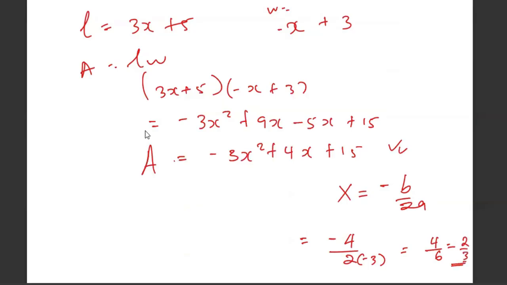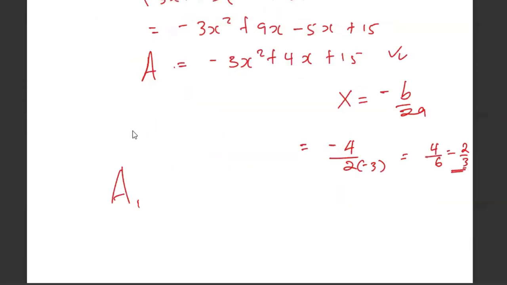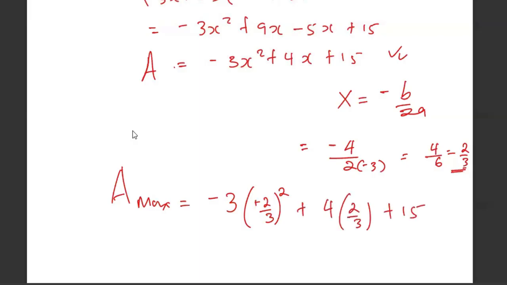So where x is 2 over 3, that's where we get our maximum. So we're going to say that area maximum can be obtained when we substitute x with 2 over 3: negative 3 times 2 over 3 squared, plus 4 into 2 over 3, and then you add the 15.